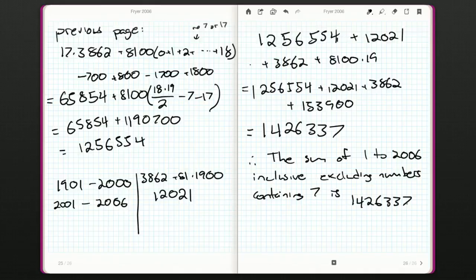So can we refine that a little bit better? So I'm going to say that's our final answer, but I'm also going to sort of double check it in a sense. Let's subtract off the numbers from 700 to 799 inclusive. And the numbers 1,700 to 1,799.